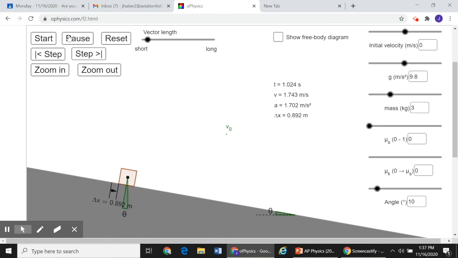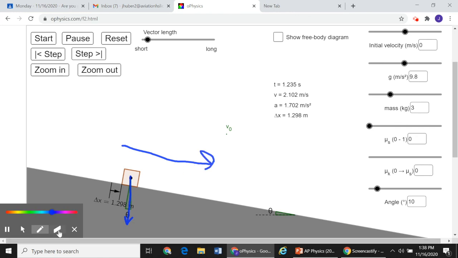But as I mentioned a moment ago, the force of gravity acts straight down, and the object is not moving straight down. The object is moving that way. And so it's important here to be very precise about the way that we are making this argument. Now, it is true that the actual weight of the object acts straight down.